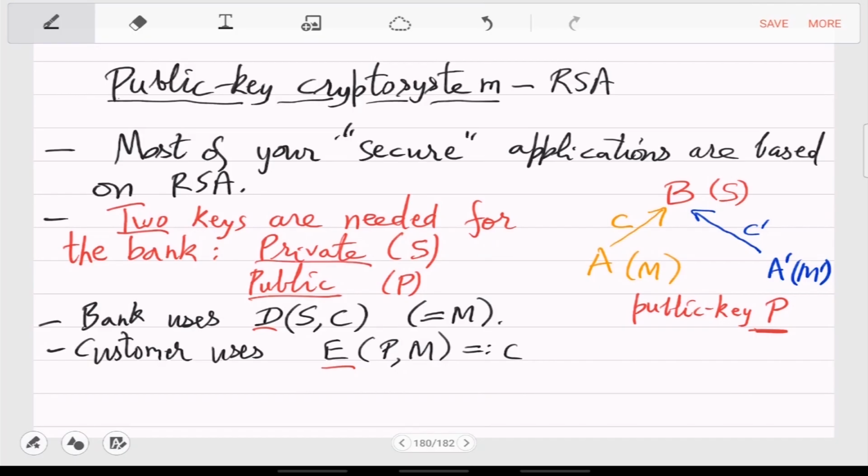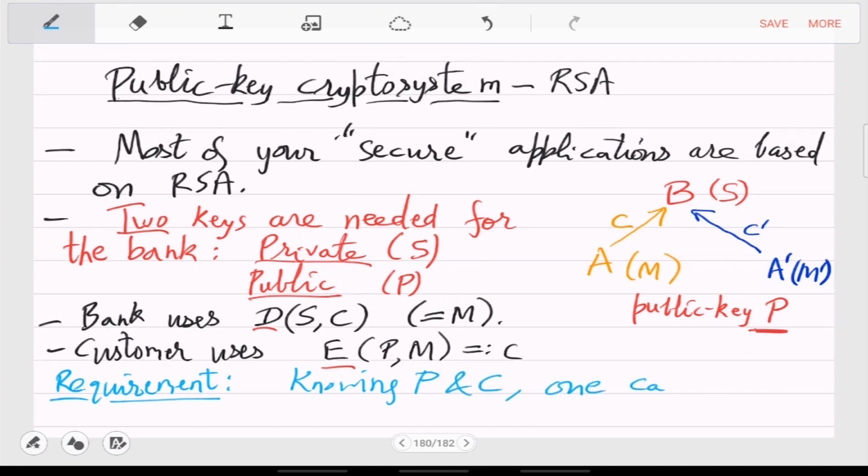So the requirement is that knowing P and C, one can neither get S nor M. Right, so remember that an adversary, if A was U, then the adversary is able to see both C and P. Right, so both the ciphertext and the public key are visible to the adversary, and from that, the adversary should not be able to deduce.